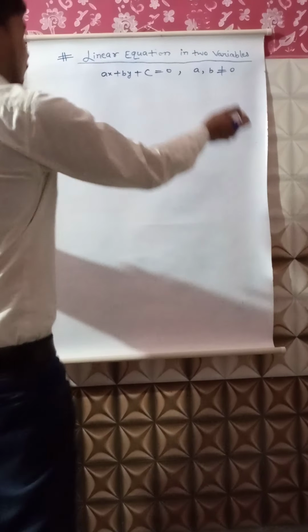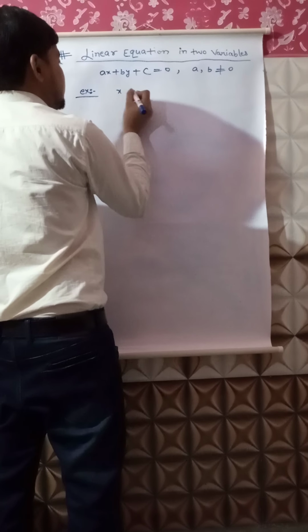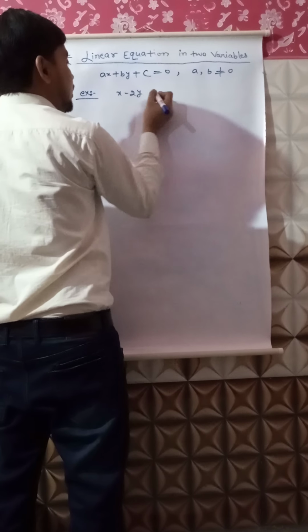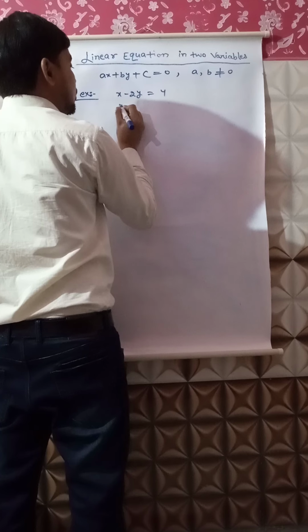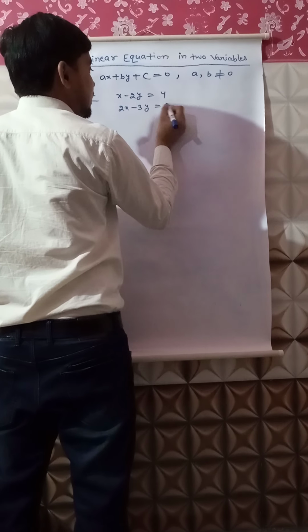So let's see an example of linear equations in two variables. Example: x minus 2y is equal to 4, and 2x minus 3y is equal to 7. This is an example of linear equations in two variables.